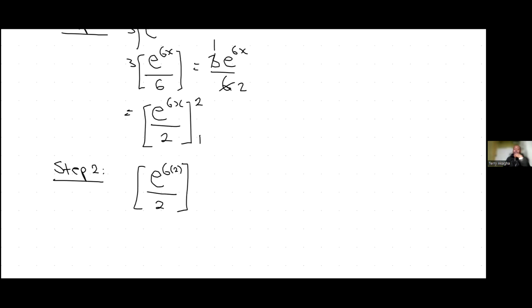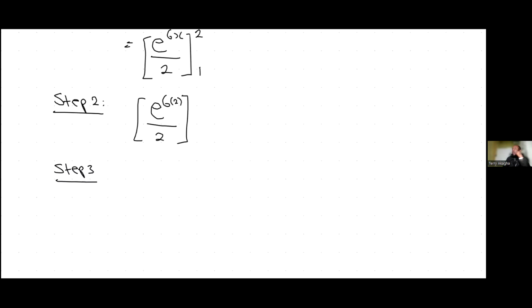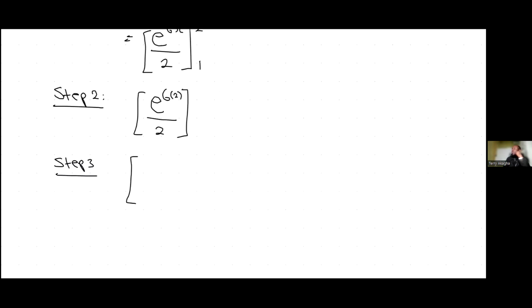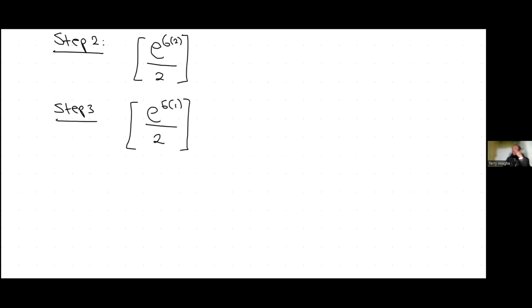Then for step 3, you substitute the lower limit. So it's going to be exponential. Now, what is the lower limit in this example is 1. So it's going to be 6 into bracket 1 divided by what? 2. All right. Then the last part now, step 4, we then have to subtract step 2 and 3.